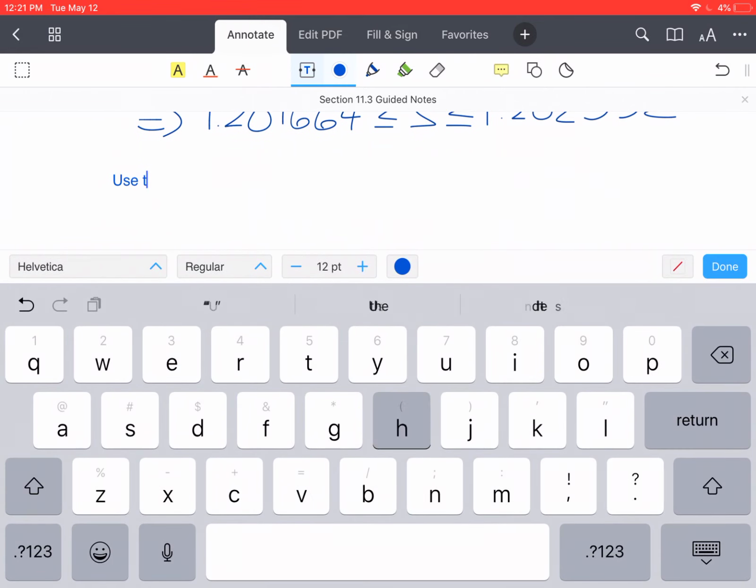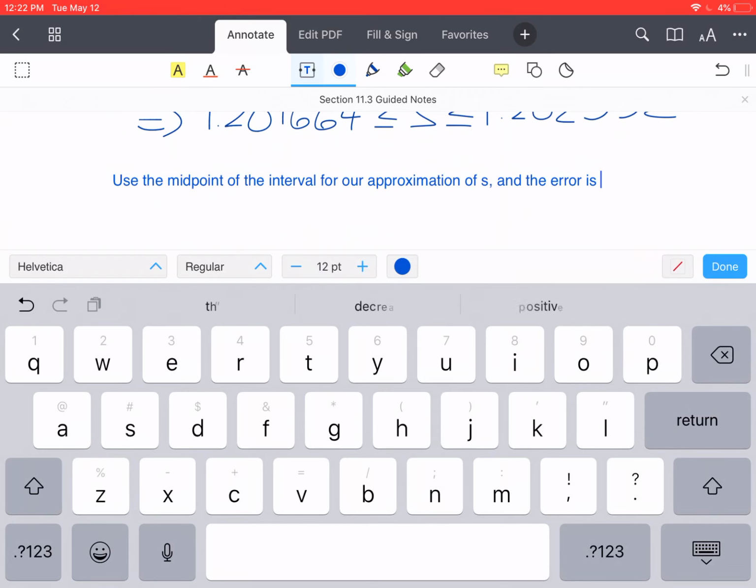So use the midpoint of the interval for our approximation of s, and the error is at most half the interval.